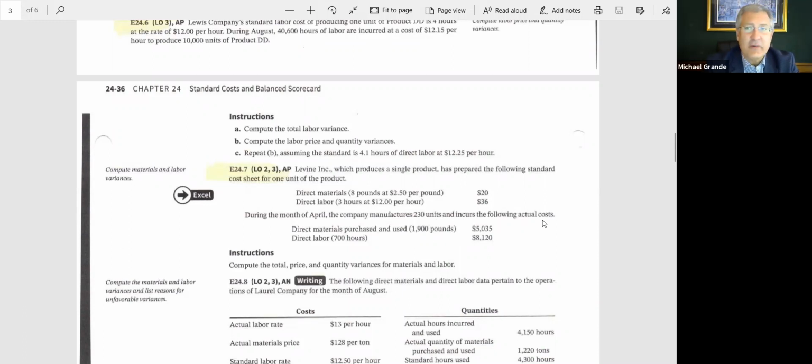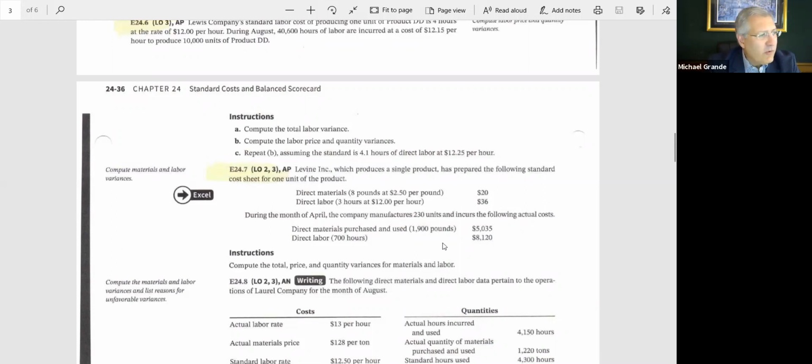And incurs the following actual costs. Direct materials purchased and used, 1,900 pounds. Total cost, $5,035. Direct labor, 700 hours. Total of $8,120.